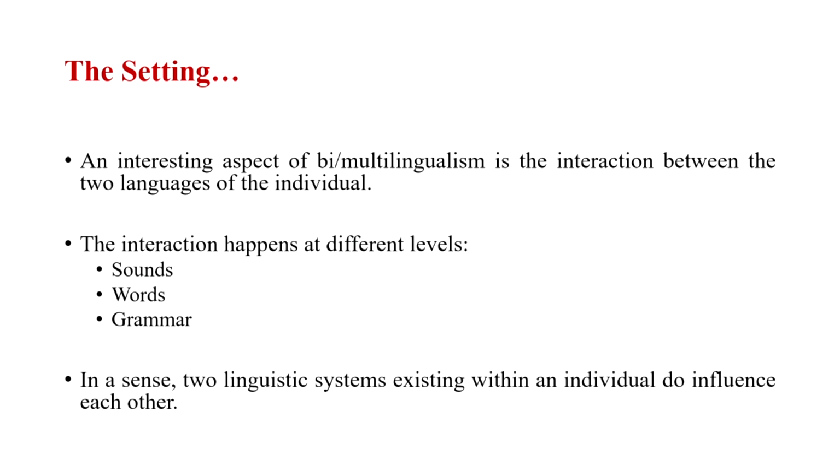Let's begin. Now, a very interesting aspect of bi or multilingualism, and I've said that I'm basically going to use these terms interchangeably, is the interaction between the languages of the individual. Given that a single individual learns two separate languages, and as I've discussed in the previous lecture, a language brings with it an entire system.